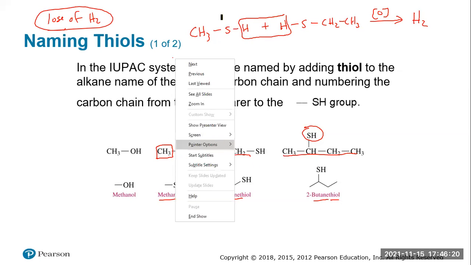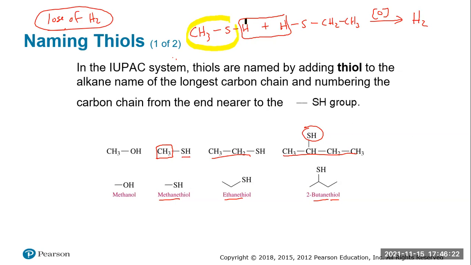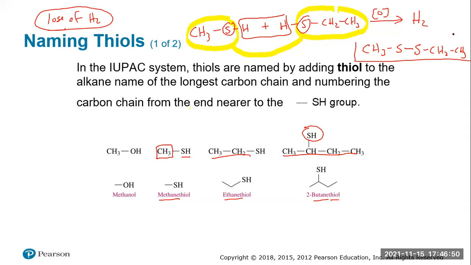What you're left with is essentially what is left over. You get rid of the H's and put both of these together. The easy thing to do is just copy what's there. We would end up with a CH3 and S connecting now to this S, and then CH2 and CH3. This would be the product formed here.